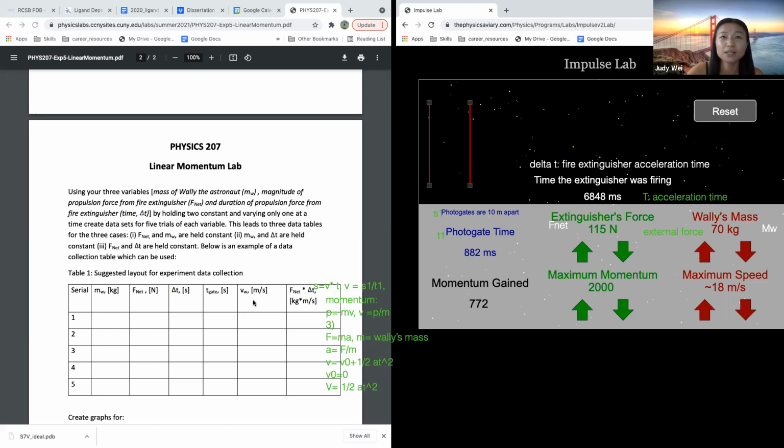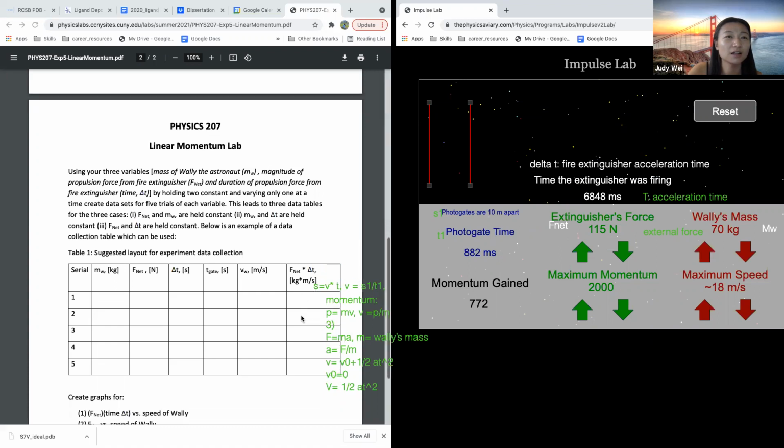And for the speed, we already went over all 3 methods to calculate speed, but I would probably use the easiest one, v equals s over t. So you can use 10 meters divided by 800 milliseconds to get the speed here. And then they ask you to give another one, which is your force times delta T. This is for table 1.